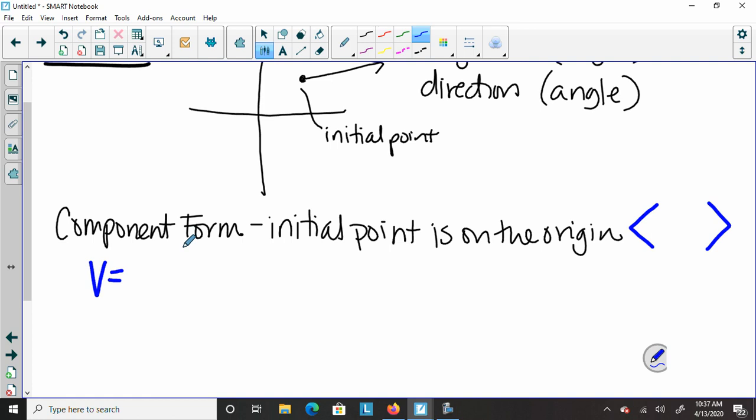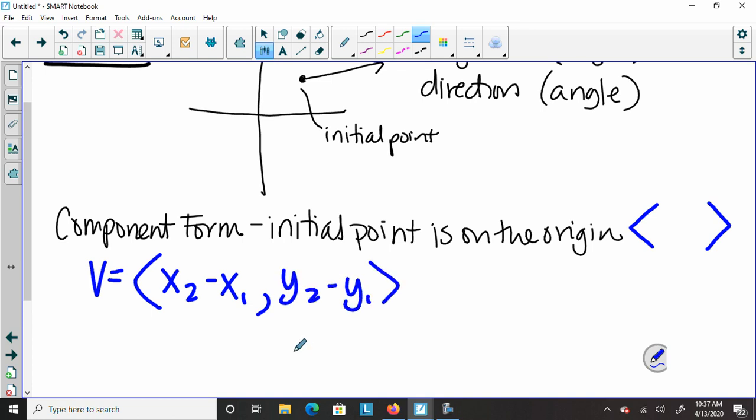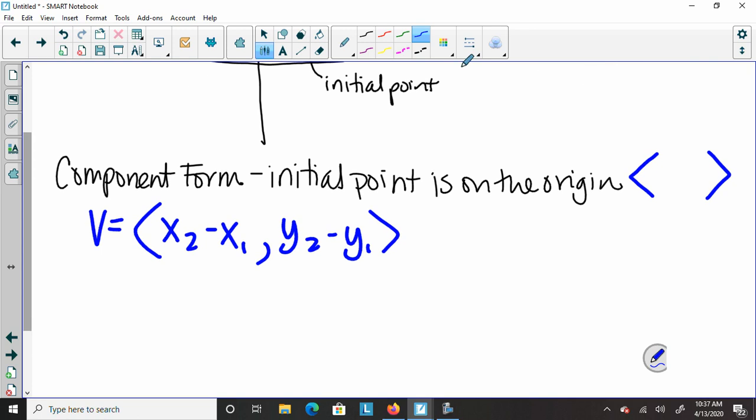So to find the component form of the vector, if the initial point is not on the origin, subtract the x's and subtract the y's, and that's going to give us the component form. All right, so I'll do one real quick. These aren't very hard to do.